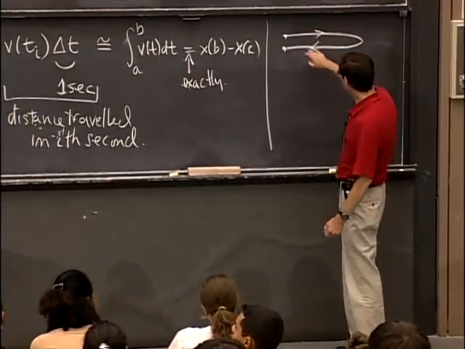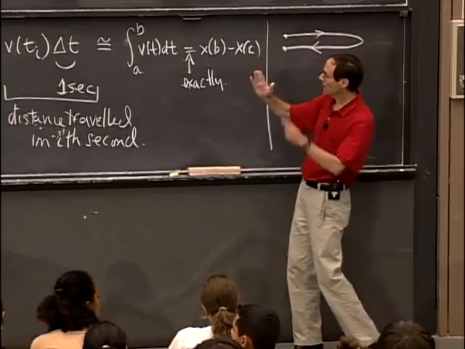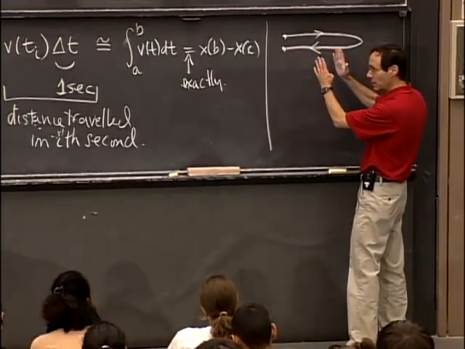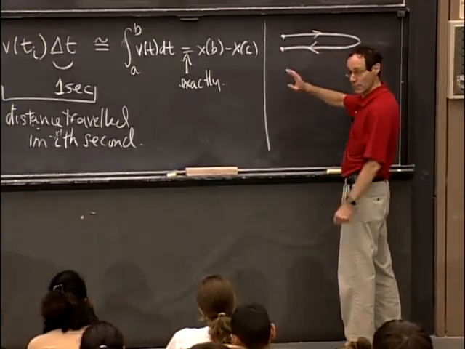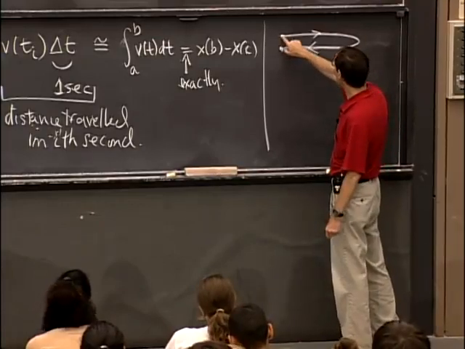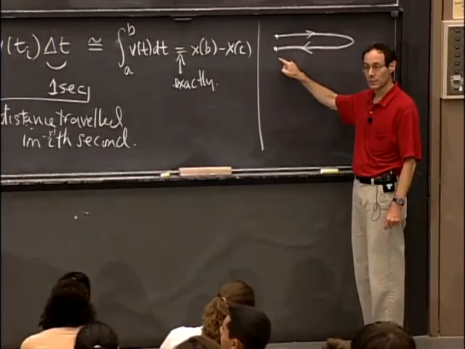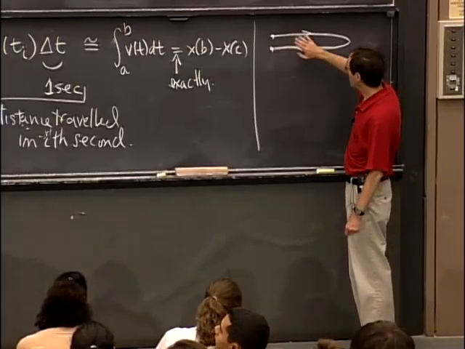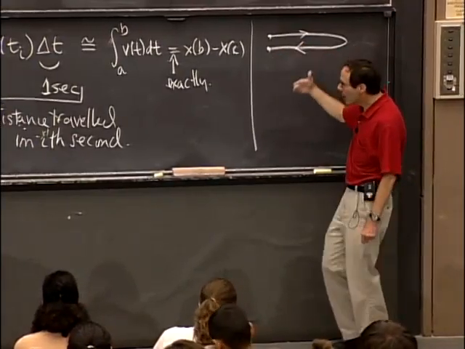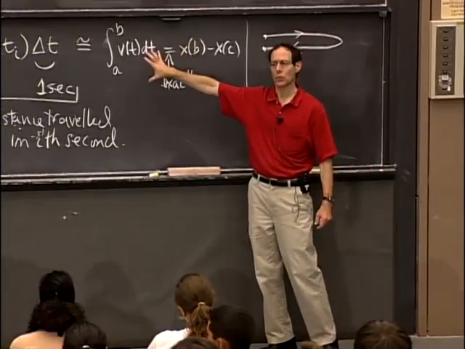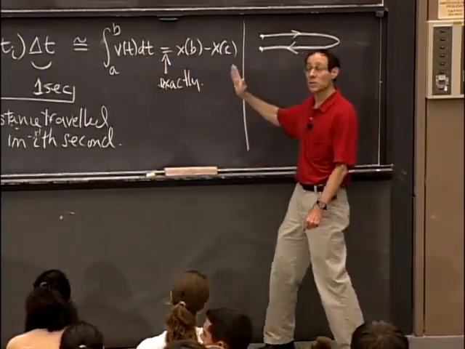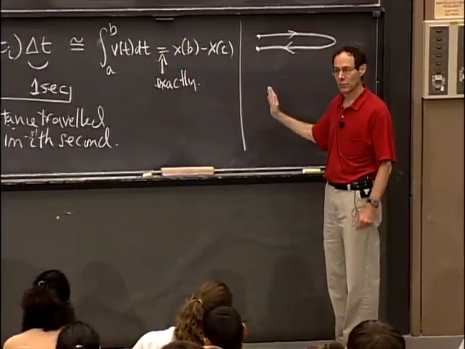And in that case, you would keep track of the absolute value of the velocity, whether it's positive or negative, and then you get the total length of this curve here. That's, however, not what the definite integral measures. It measures the net distance traveled.